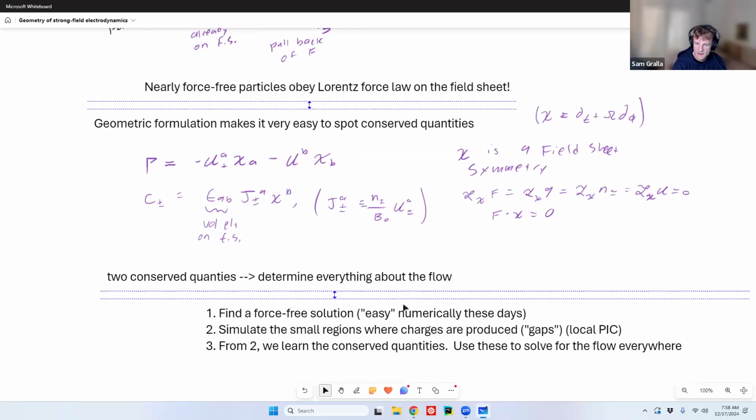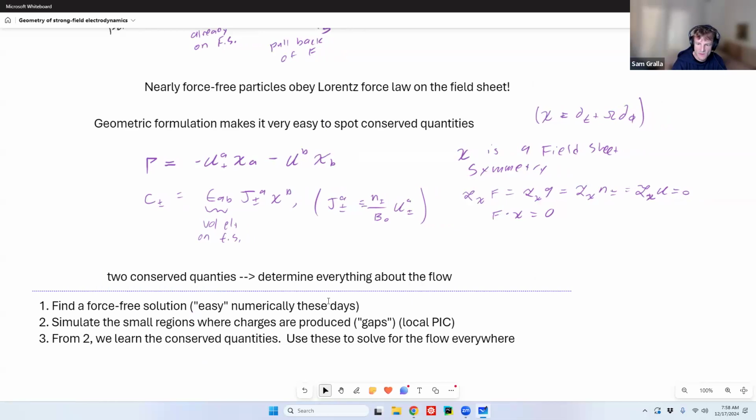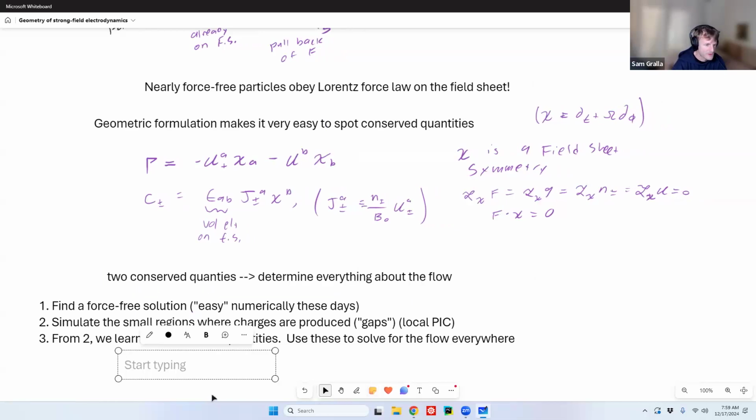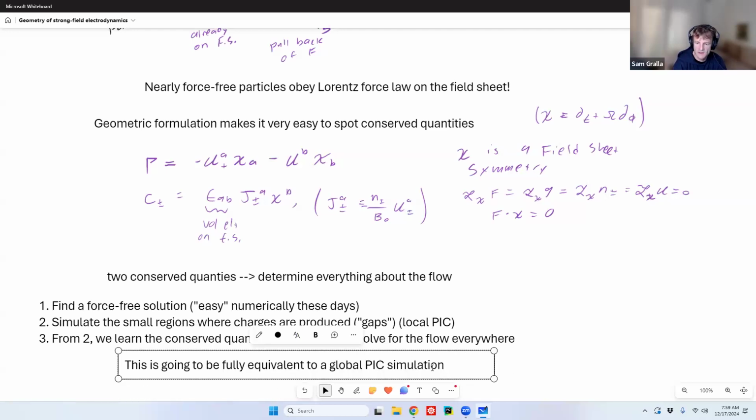So I claim, and of course we haven't done this yet, so maybe we'll find that it doesn't work for some reason, but I see no reason why this shouldn't work. I claim this is going to be fully equivalent to a global PIC simulation, which is what everybody is doing. So for those who don't know, PIC is particle-in-cell. It's just following a bunch of particles like an n-body simulation.